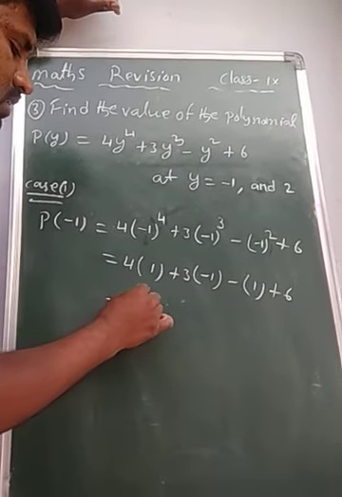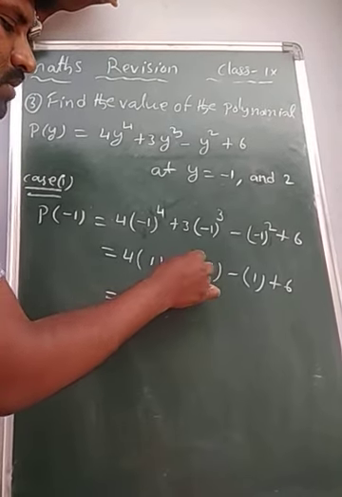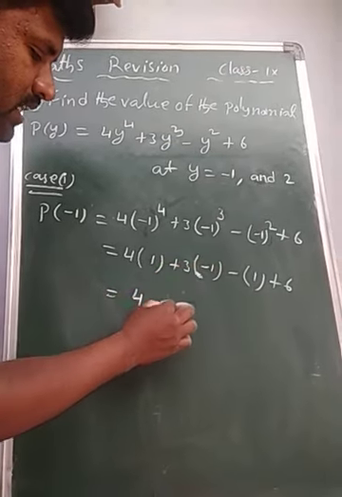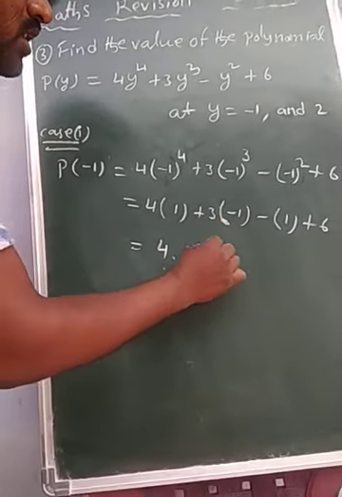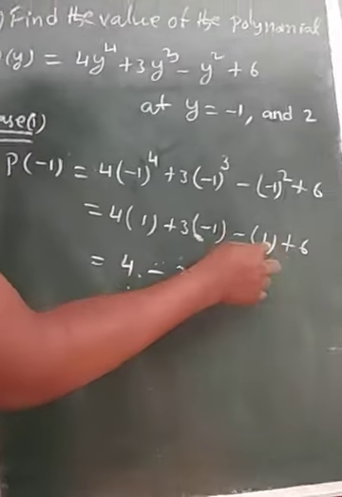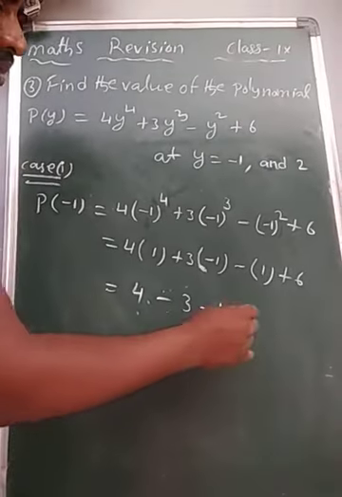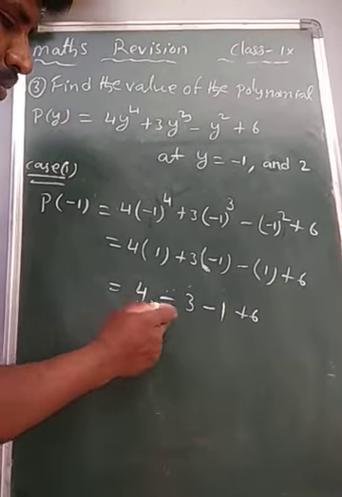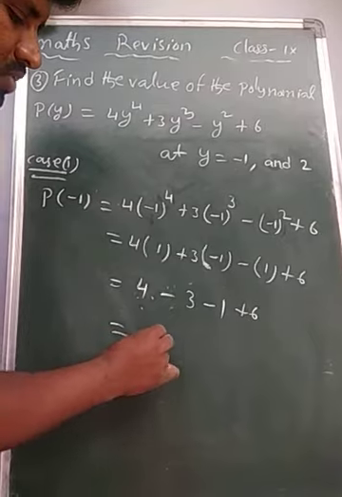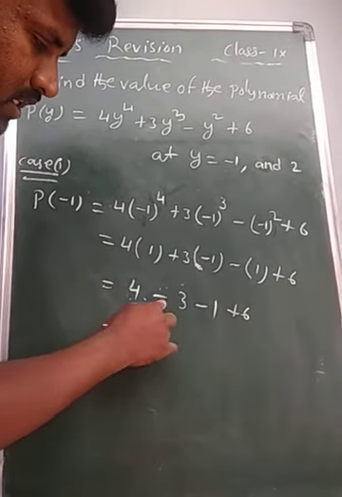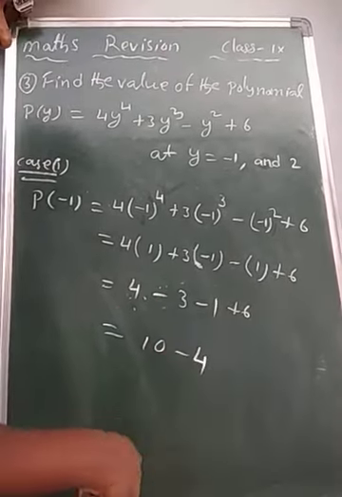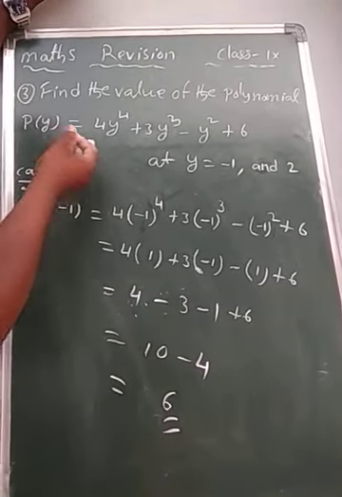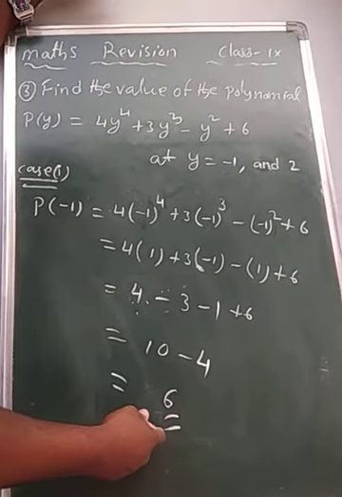Now 4 into 1 that is 4, plus 3 of minus 1 that is -3, and minus of 1 that is -1, plus 6. Now 4 and 6, two positive numbers, make 10. Minus 3, minus 1 is minus 4. 10 minus 4 gives 6. So when we substitute -1 in the place of y, the value becomes 6.